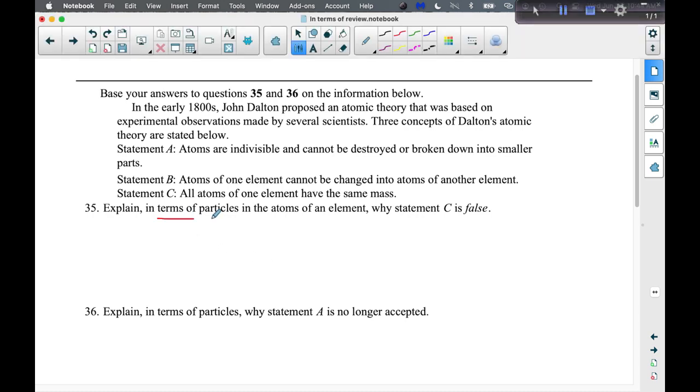In terms of particles and the atoms of an element, it says all atoms of one element have the same mass. In terms of particles and the atoms of an element, statement C is false because atoms can have different numbers of neutrons.